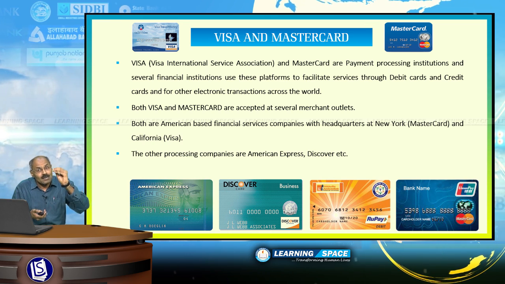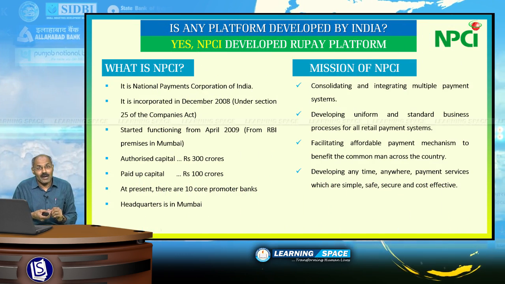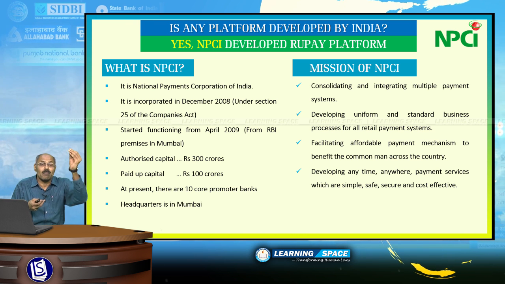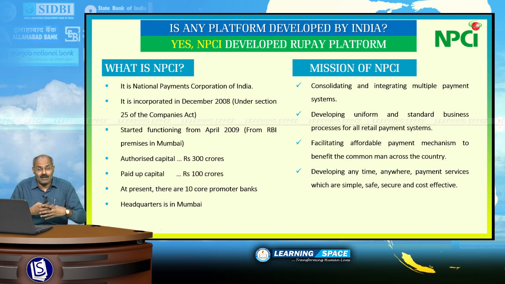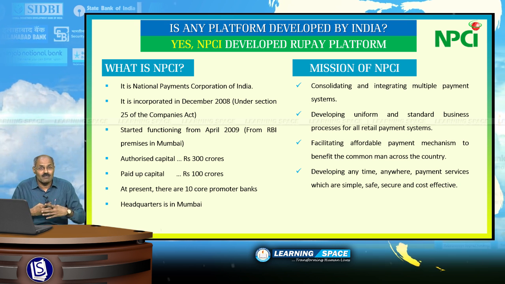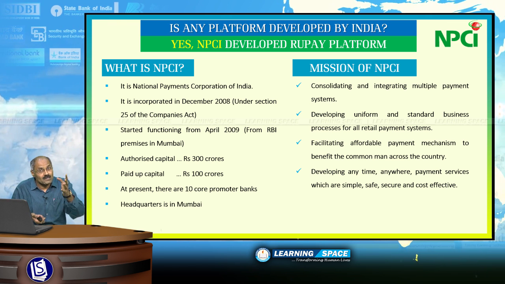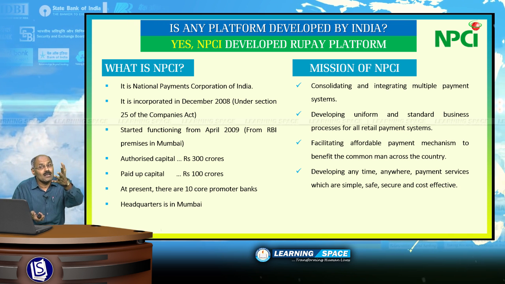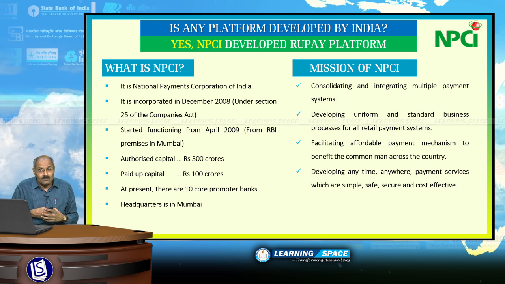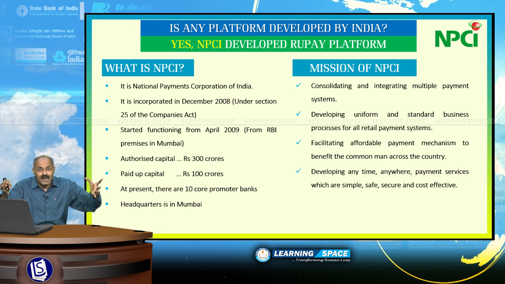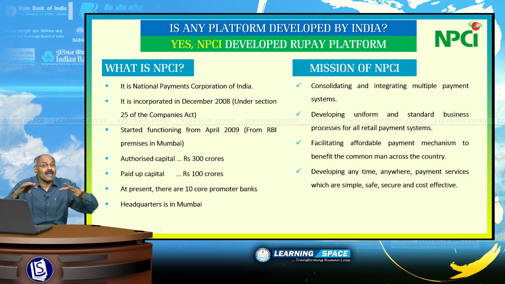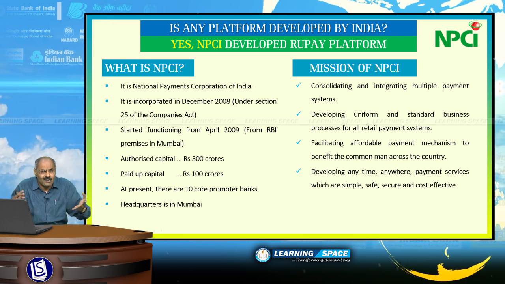And let us look at the RuPay card. Before going into the RuPay platform, who devised this RuPay platform? This RuPay platform is devised by the National Payments Corporation of India. National Payments Corporation of India is the organization which is in the forefront for developing various mechanisms for retail payments across the country.